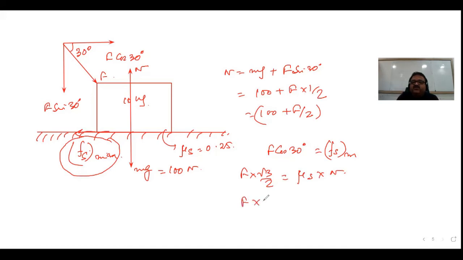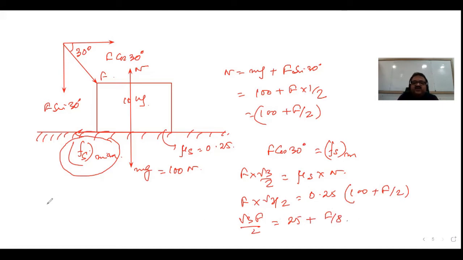Now F into root 3 by 2. Mu s is given 0.25 and normal reaction is 100 plus F by 2. Now if I do the calculation, this is equal to root 3F divided by 2 equal to 0.25 into 100, which is 25, plus 0.25, that means 25 by 100, that is 1 by 4, that means F by 8.